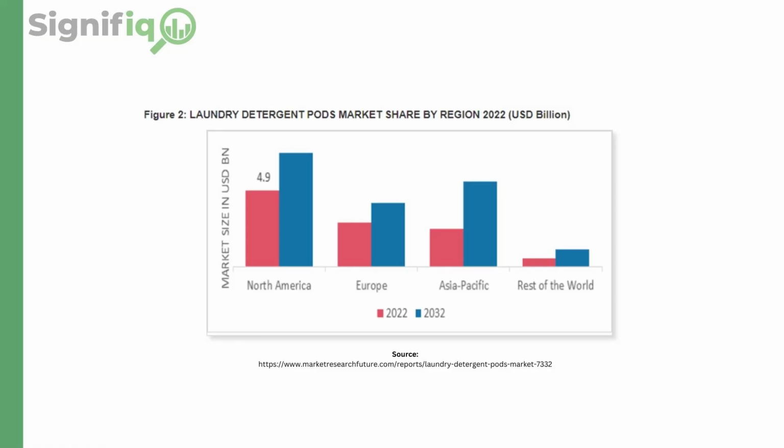As a final example on improper scaling, I wanted to show graphs with no scaling at all. Here's an example of a graph that is trying to show the expected growth of the laundry pods market share by region from 2022 to 2032. Although they put a reference point of $4.9 billion as the market size on the first bar, there is no real way for the reader to make comparisons with the information provided.